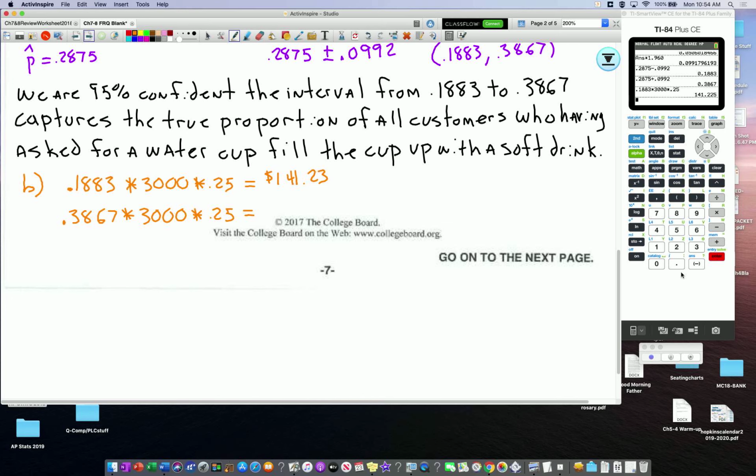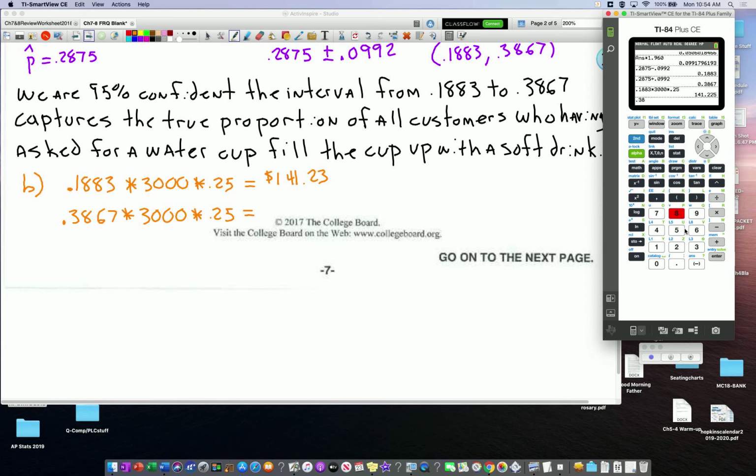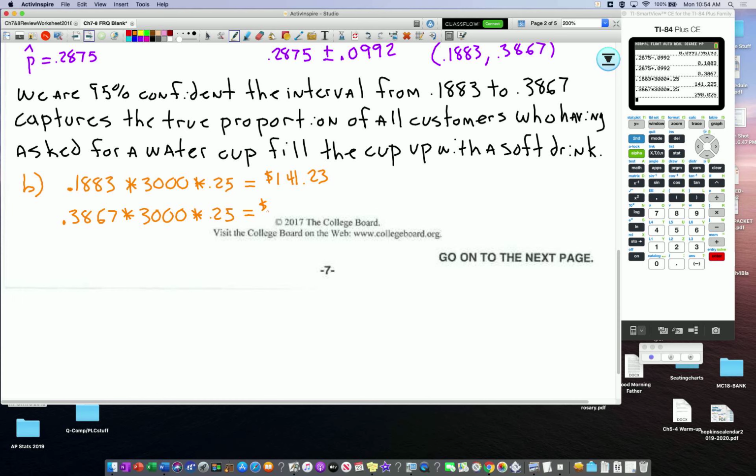And then on the high side, 0.3867 times 3,000 times 0.25 costs me about $290.03, depending on how many decimal places.